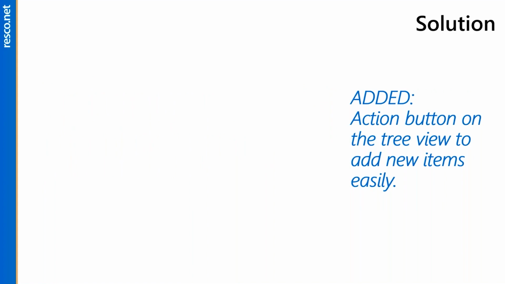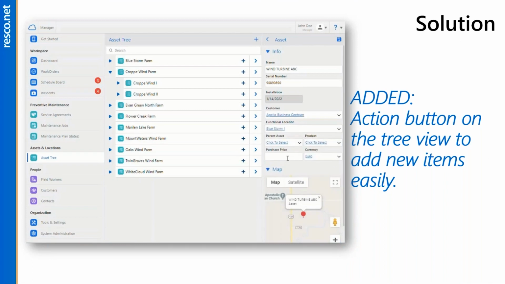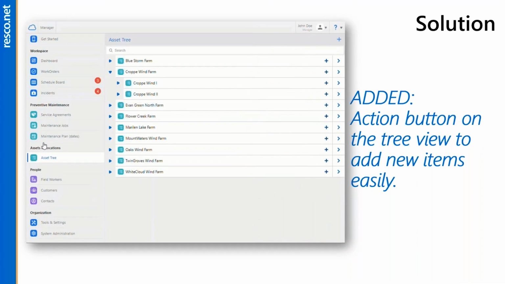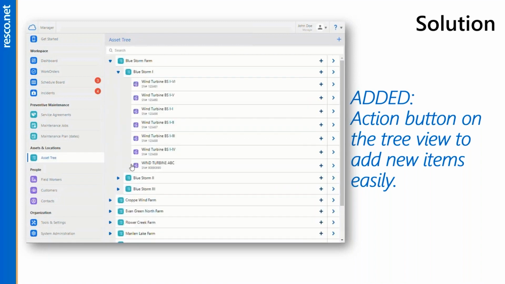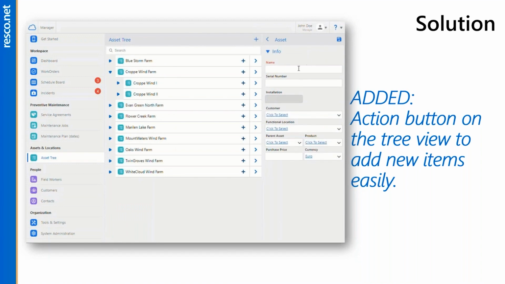So basically, what was our solution? We did the action button on the tree view to add new items easily. So as you can see briefly on this video, there is an option to add a new item on the tree view. This should eliminate the situation where managers needed to search through some home items, needed to search through lists, needed to find where they could add the new items.